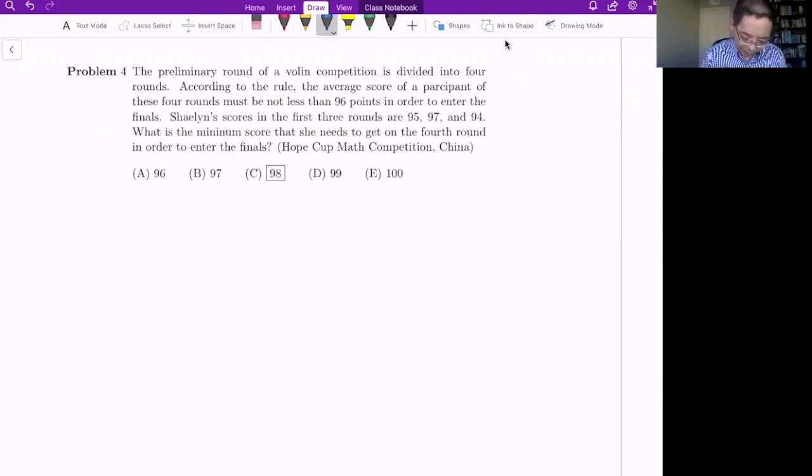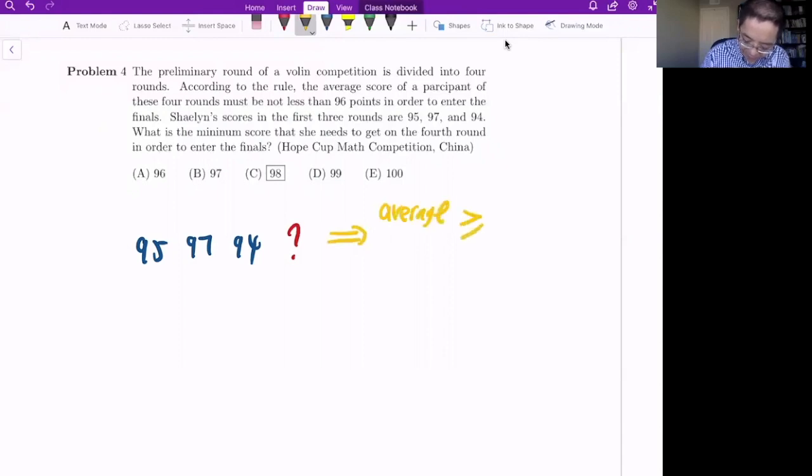Her scores in the first 3 are 95, 97, and 94. The question is, what is the minimum score she needs to get for the last one in order to enter the final?